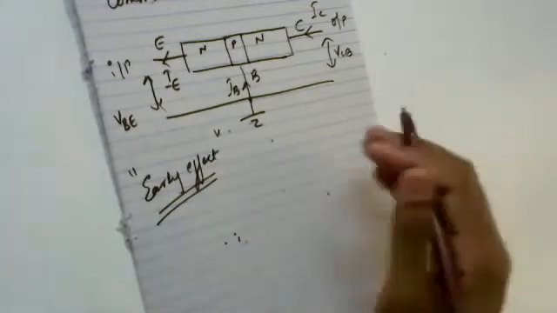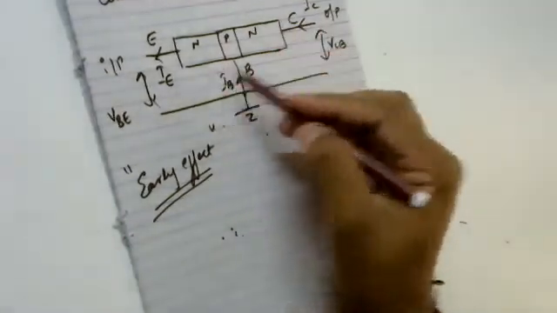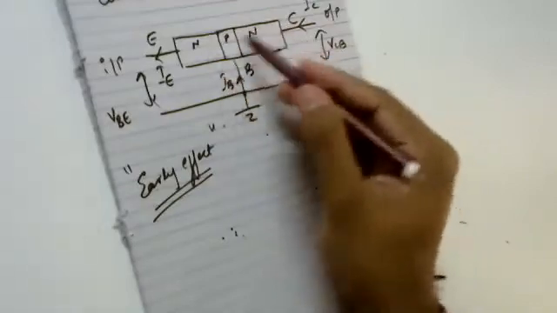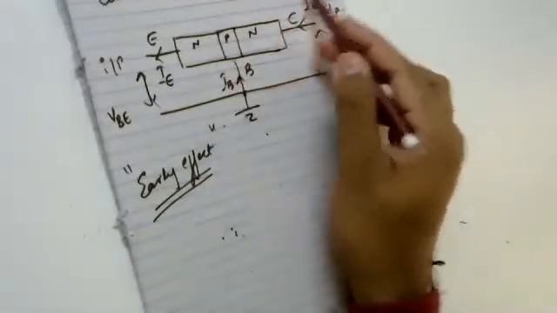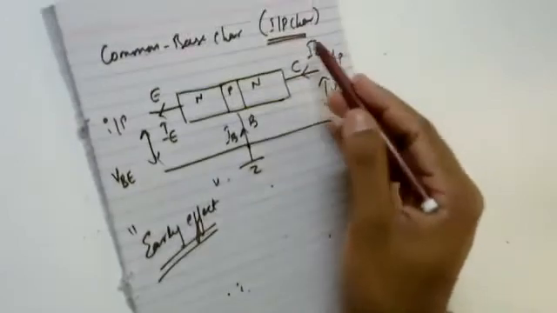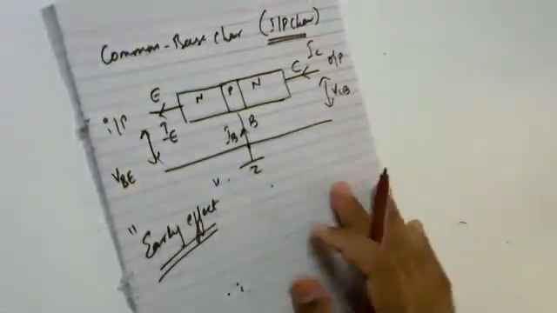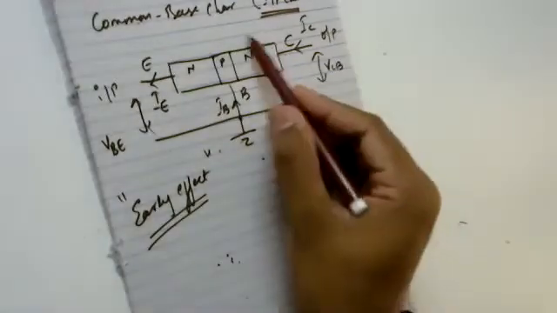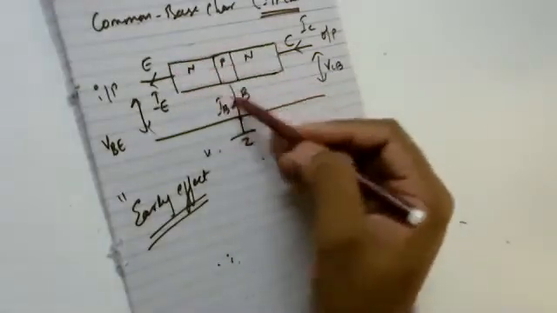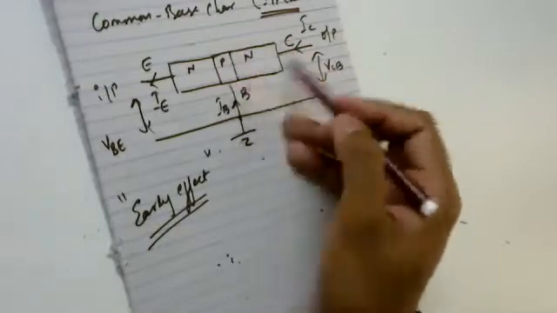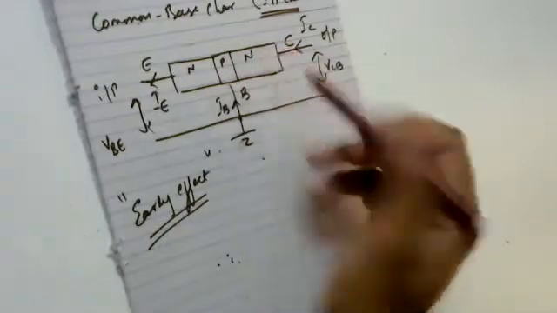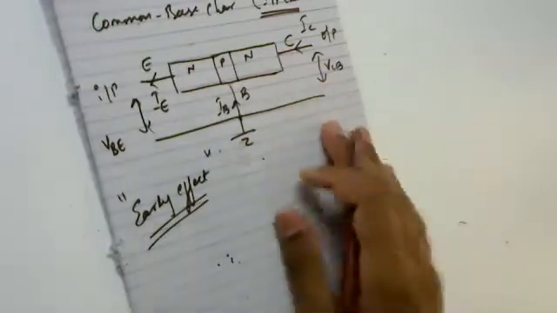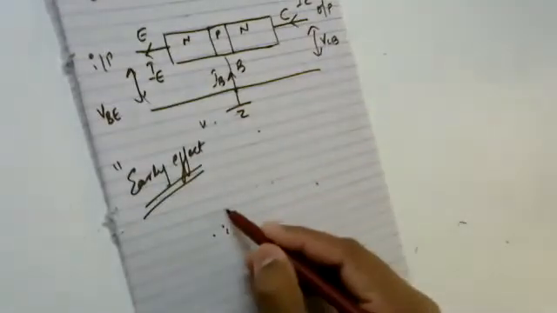In order to have a good understanding and analysis of how we are going to get this input characteristics, we are going to analyze this transistor as a two diode model.